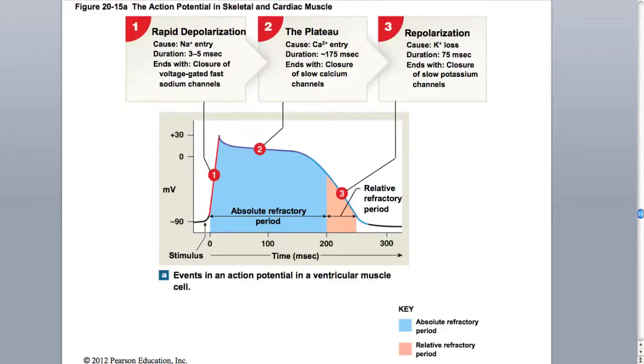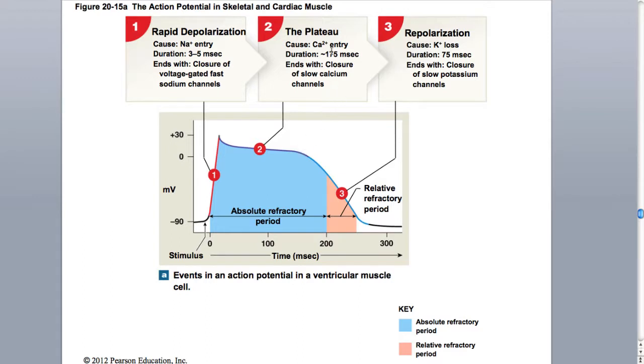Next slide. On this slide, as we did in 2401, we see something that is shooting up. That is your sodium entry, that sodium depolarization that we've learned before. Then we have a plateau. Now this is new. For the cardiac muscle, this plateau is due to the calcium entry, the calcium ion channels.